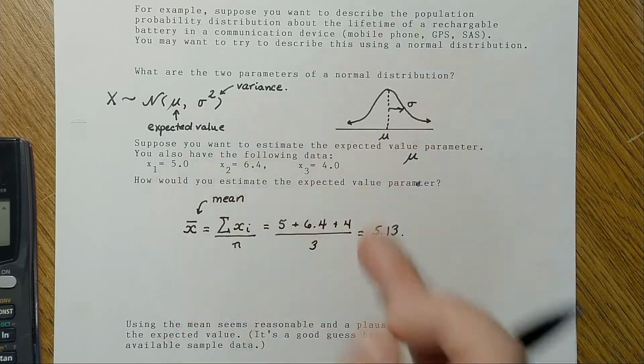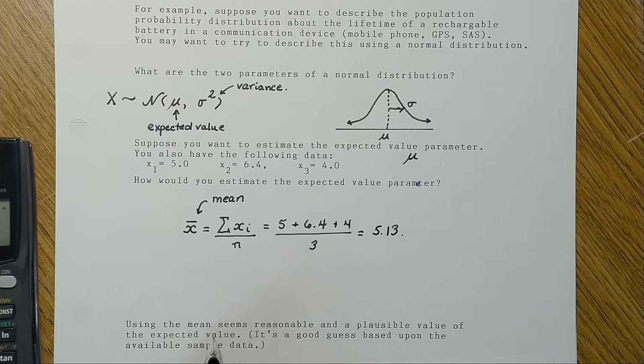So this is what I'm going to say. Using the mean seems reasonable, and it's a plausible value of the expected value. What I'm trying to say is it's a good guess, based upon the available sample information that we have, to use that.